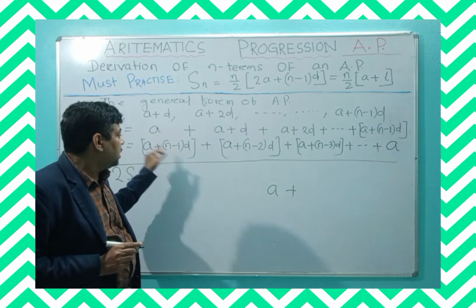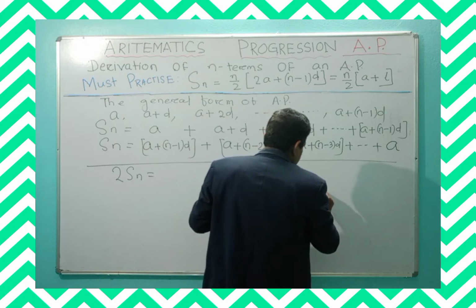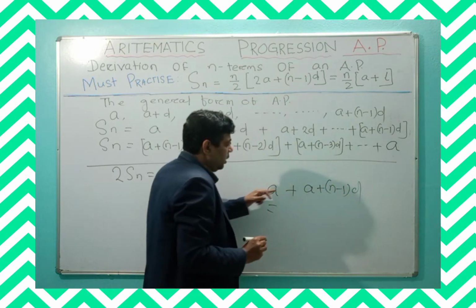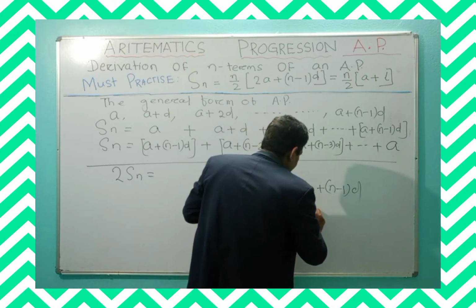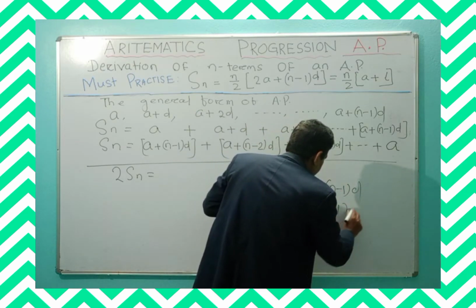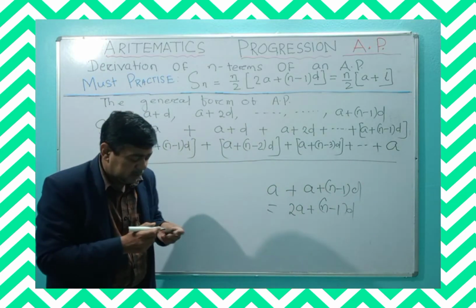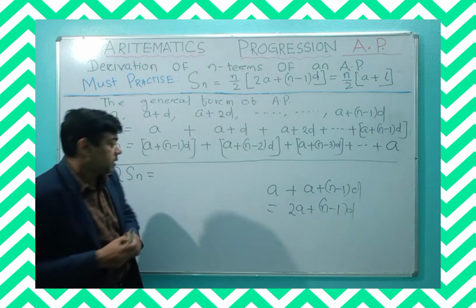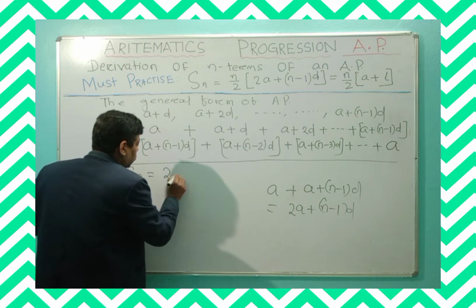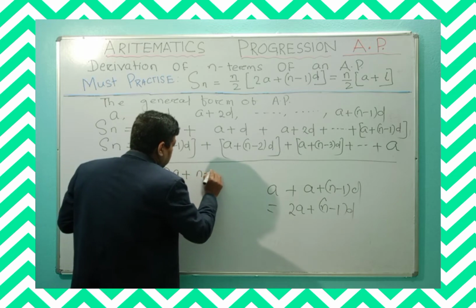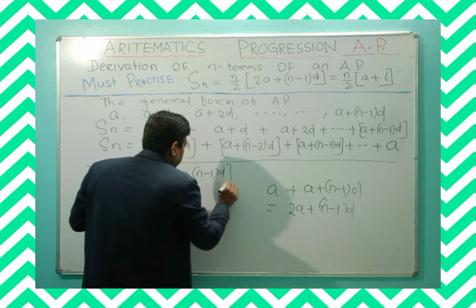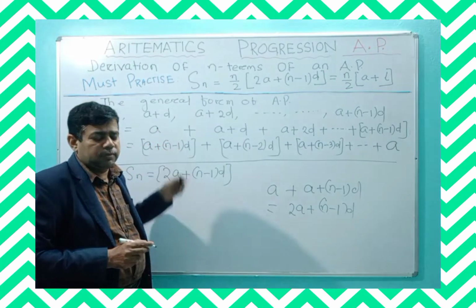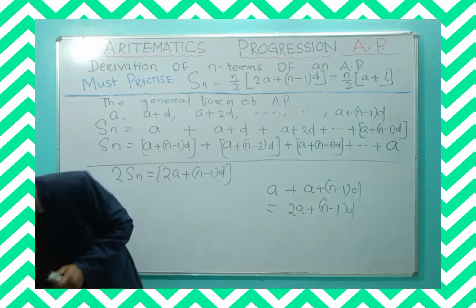It is a plus n minus 1 into d, right? If you add, it will be a plus a, which is 2a plus n minus 1 into d. Understand? Let us write it: 2a plus n minus 1 into d. Is it clear? After adding the first term of the first equation with the first term of the second equation, it is 2a plus n minus 1 into d.